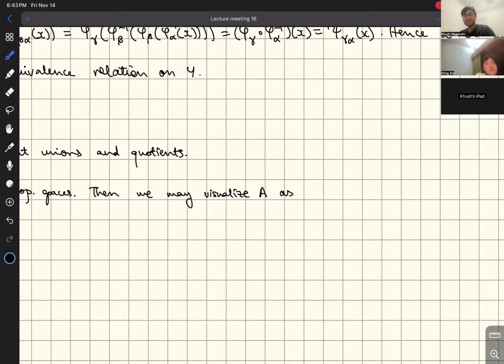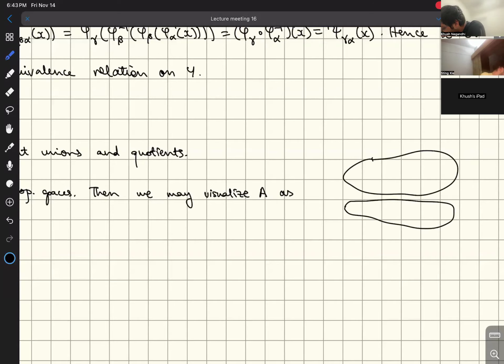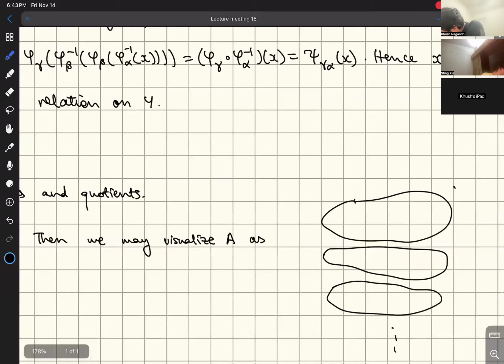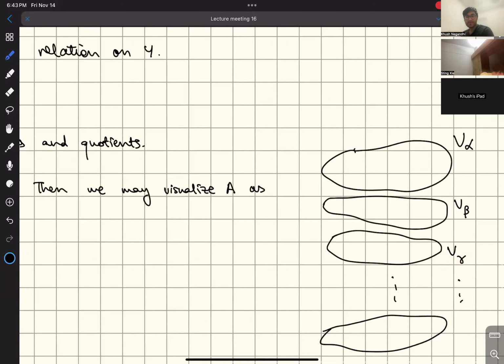They're like levitating on top of each other. So you have something like this, and like this, and like this, and so on. This is V alpha, V beta, V gamma, and so on. They're just on top of each other.